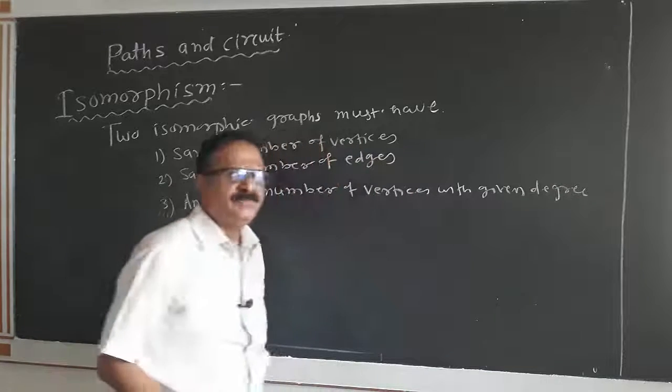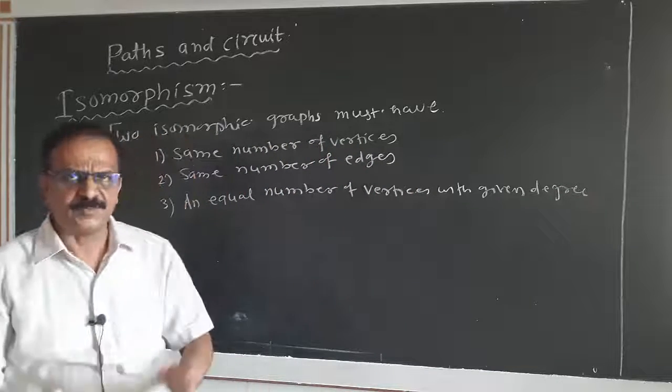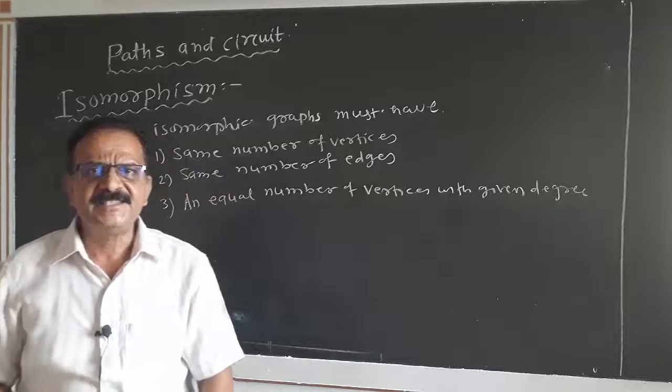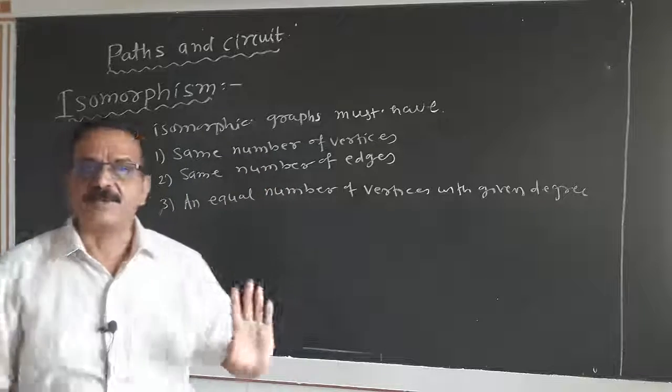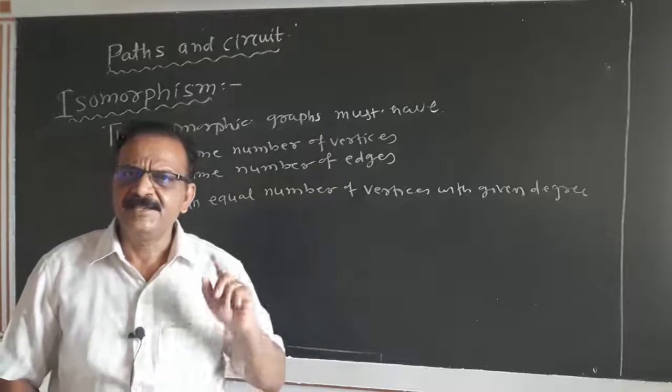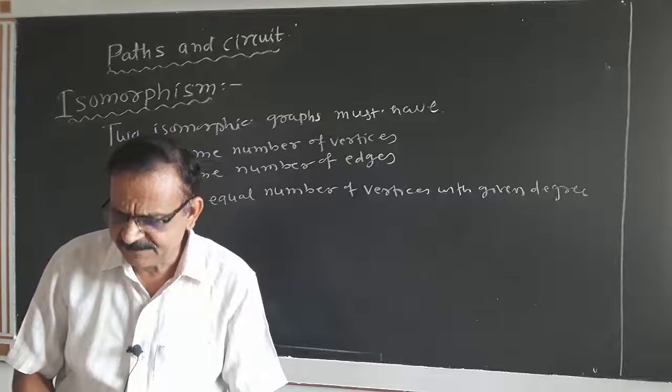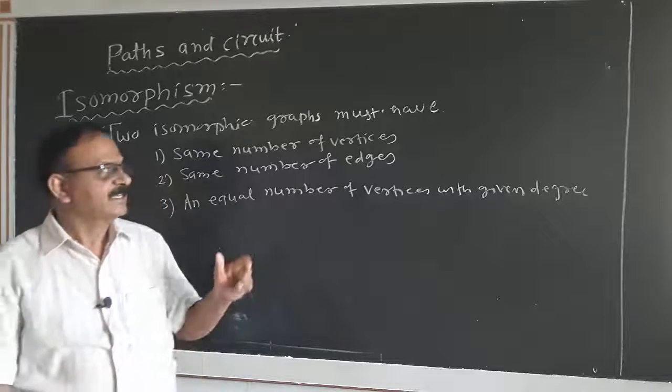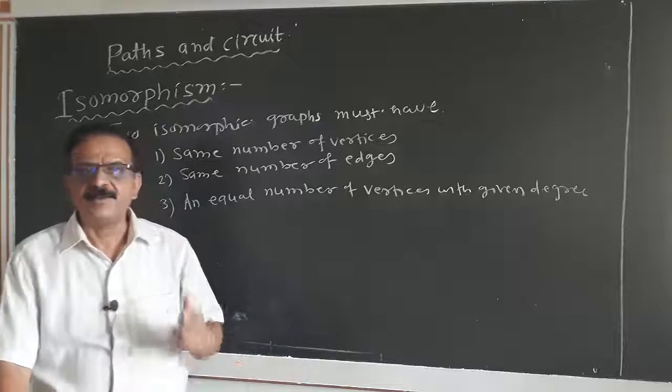That means if two graphs are isomorphic, then they have these properties: both graphs have the same number of vertices, the same number of edges, and an equal number of vertices of a given degree.